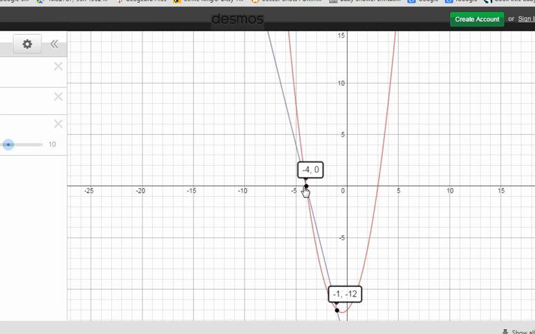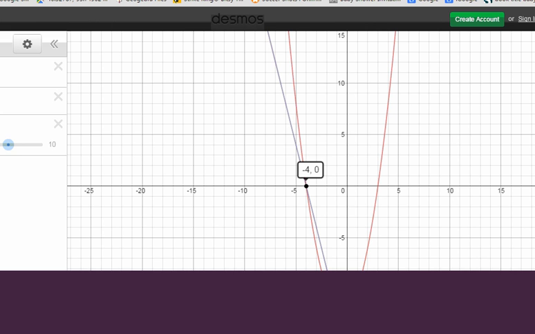So the y value changes by -12, and the x value changes by +3. So -12 divided by 3 is going to be the slope of our line. That would be -4. So the average rate of change, or the slope of this secant line, is -4.